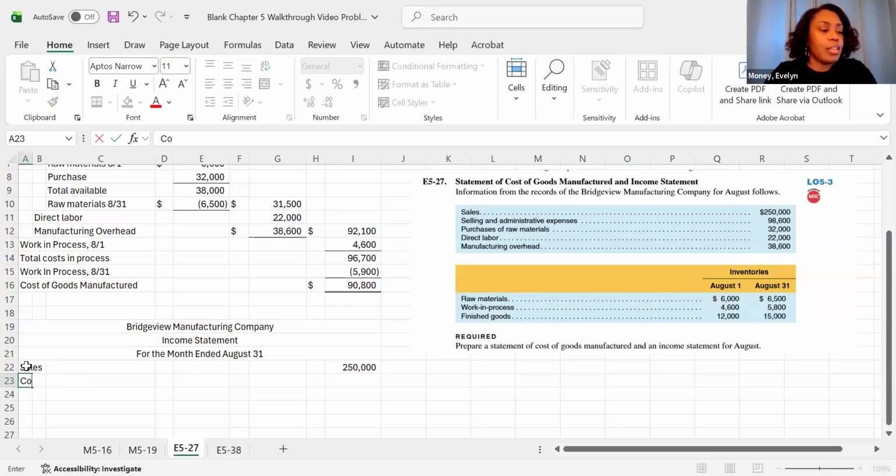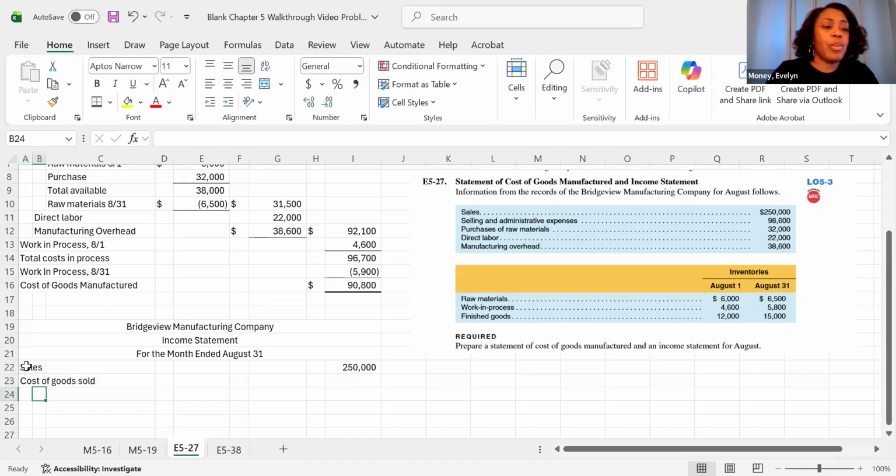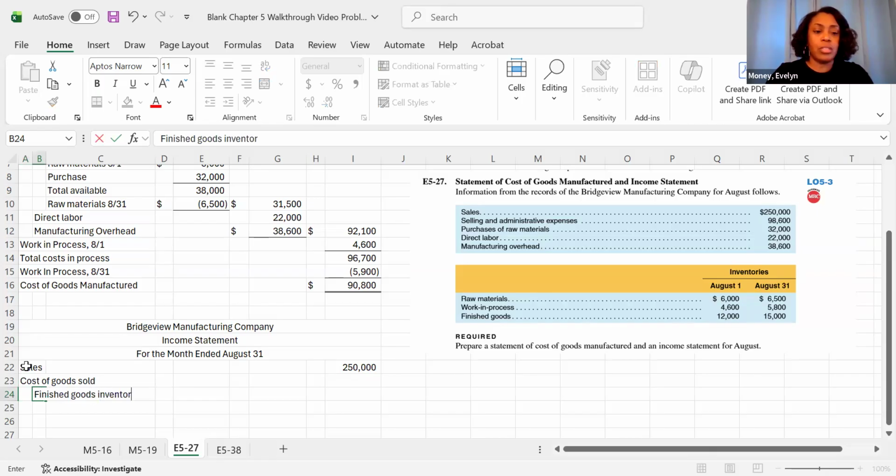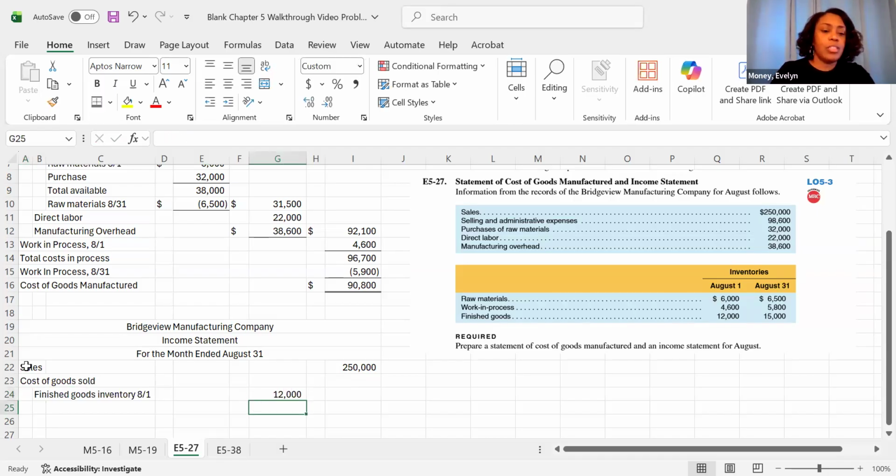And then I need to find cost of goods sold. Same as we did before in that other problem, but this time we're applying the inventory formula to finished goods inventory. So we're going to take beginning finished goods, $12,000.